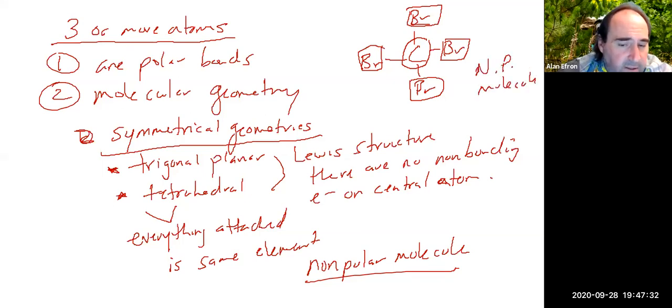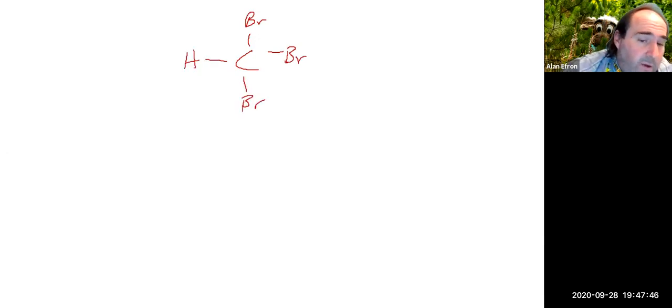But if we took one of these and swapped it out for, say, a hydrogen, instead of having 4 Br's, but put a hydrogen on there, what's going to happen is bromine is more electronegative than carbon.